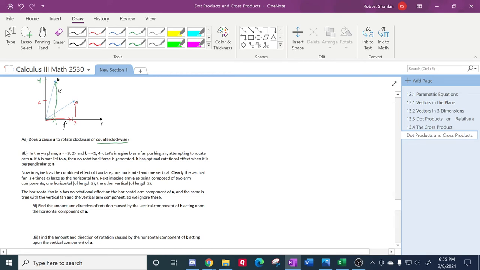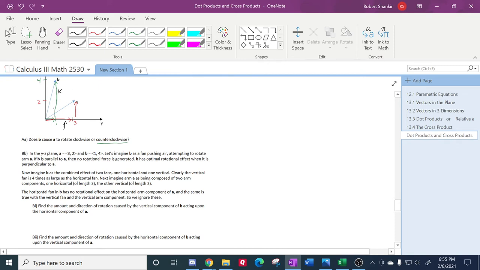So should it be positive or negative? Positive, because that's how the unit circle rotates. Very good. Perfect. And what should the size of that be? This is 4 and this is 3. So what should we do with the 4 and the 3? We could only multiply them if all the energy of this goes into turning this.